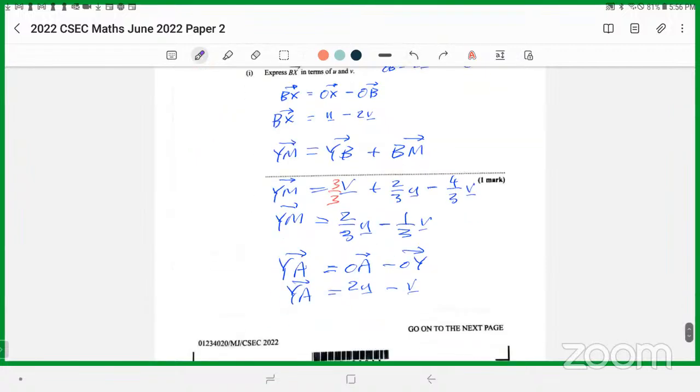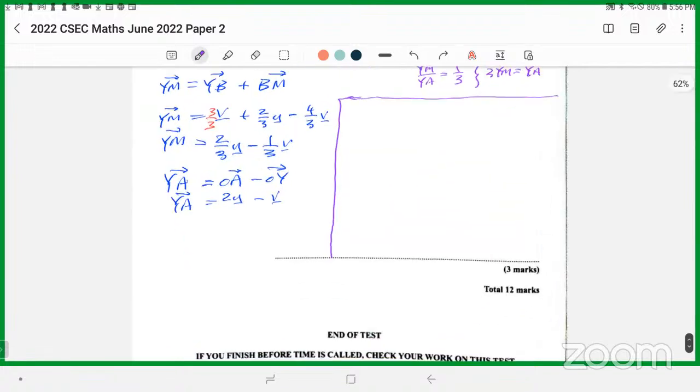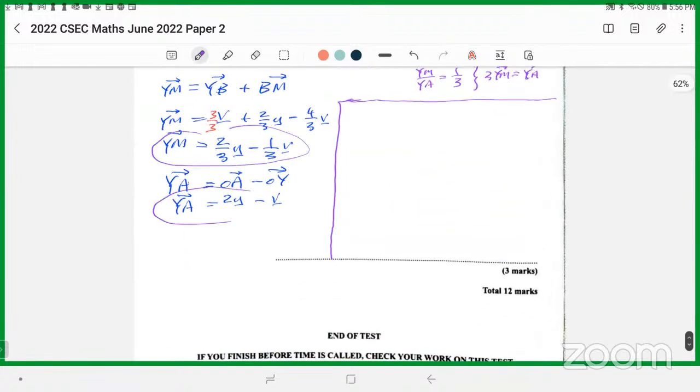All right, so let's continue down here. I'm comparing this vector and this vector. So I have ym, which is 2/3 u minus 1/3 v, and I have ya, which is just 2u minus v.